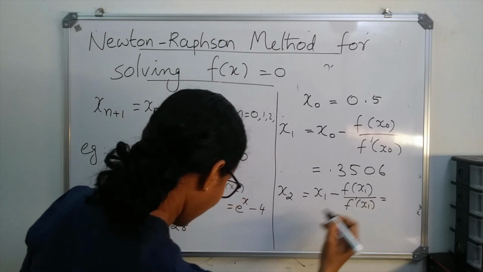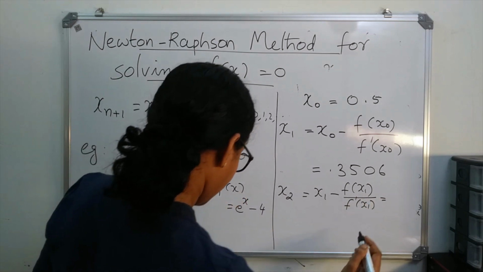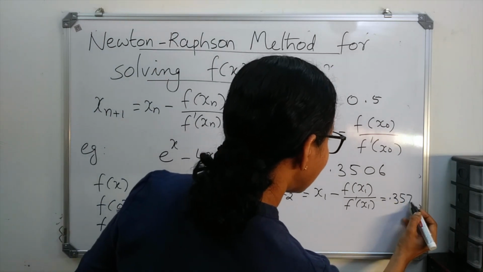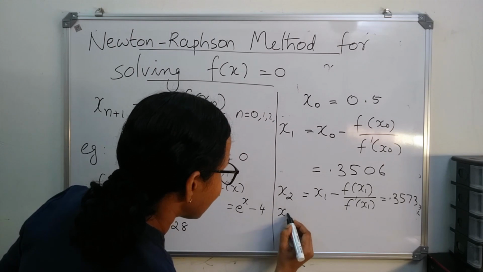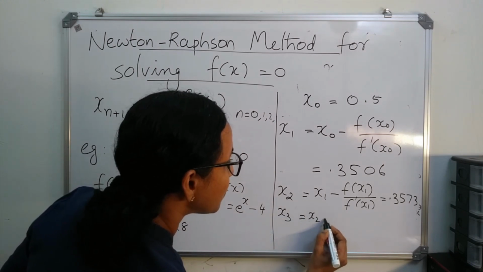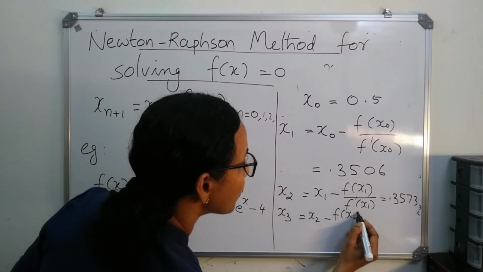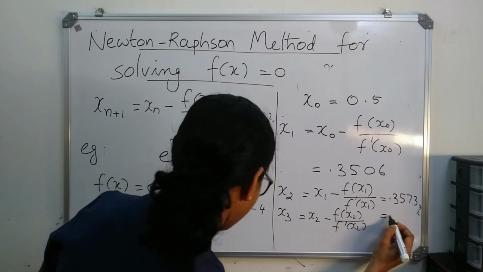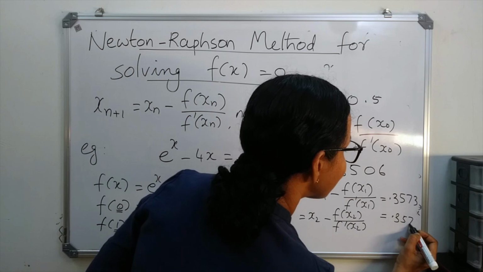Now x2 equals x1 minus f of x1 by f dash x1, which is equal to 0.3573. And x3 is equal to x2 minus f of x2 by f dash x2, which is equal to 0.3574.